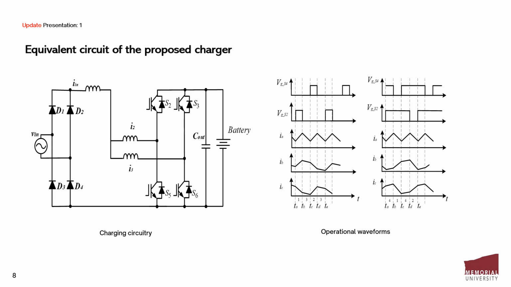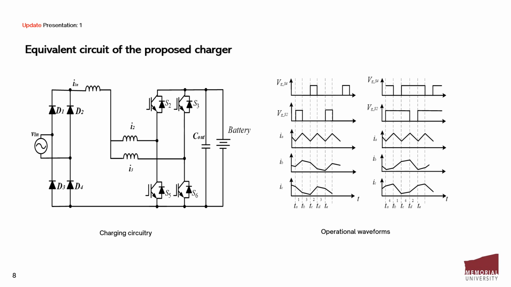We have 2 waveforms depending on the operation, whether we have a duty cycle less than or greater than 0.5. So on my left over here is the duty cycle which is less than 0.5. When the duty cycle is less than 0.5, we have the gate to source voltages of switch S5 and S6 alternating.